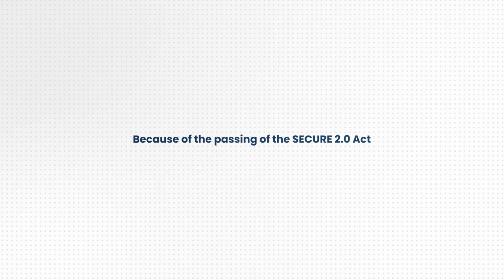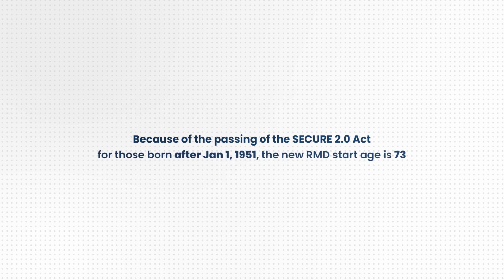Let's run an example of how these different withdrawal strategies would play out if you utilize them in retirement. We're going to start with a required minimum distribution age of 73, because as of the passing of the Secure 2.0 Act, for those born after January 1st, 1951, the new RMD age is 73.